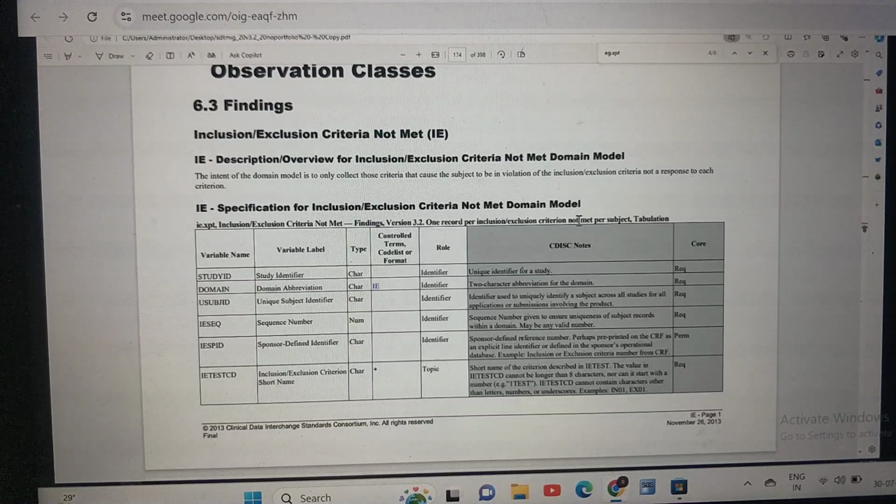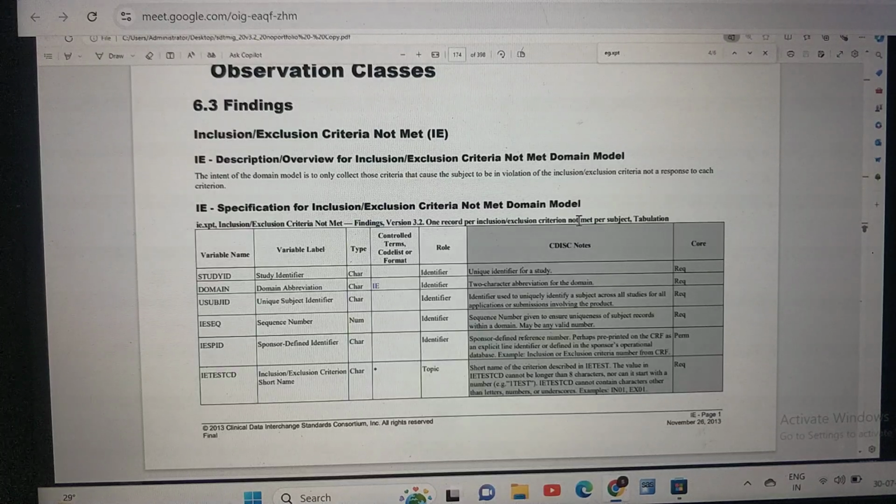If a subject wants to enroll in a study, the subject has to meet all inclusion exclusion criteria. Subject met means, point by point, you should meet all inclusion criteria and should not meet the exclusion criteria. If you meet an exclusion criterion, then the subject could be excluded.